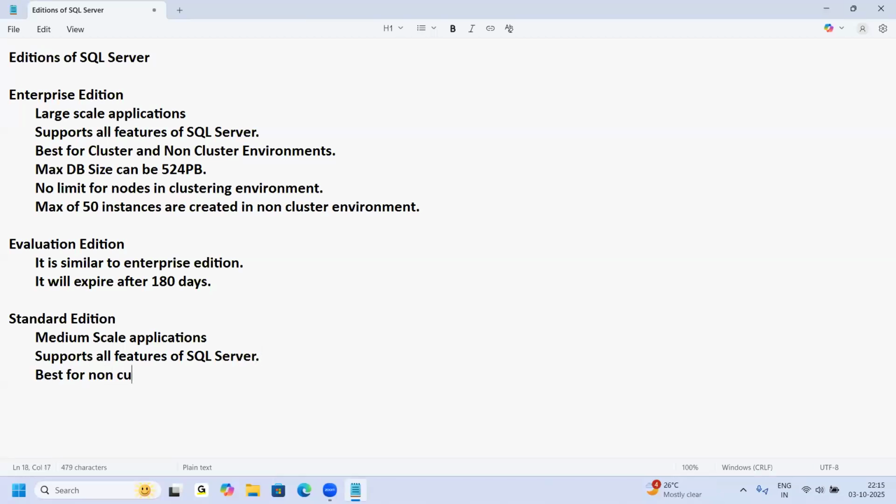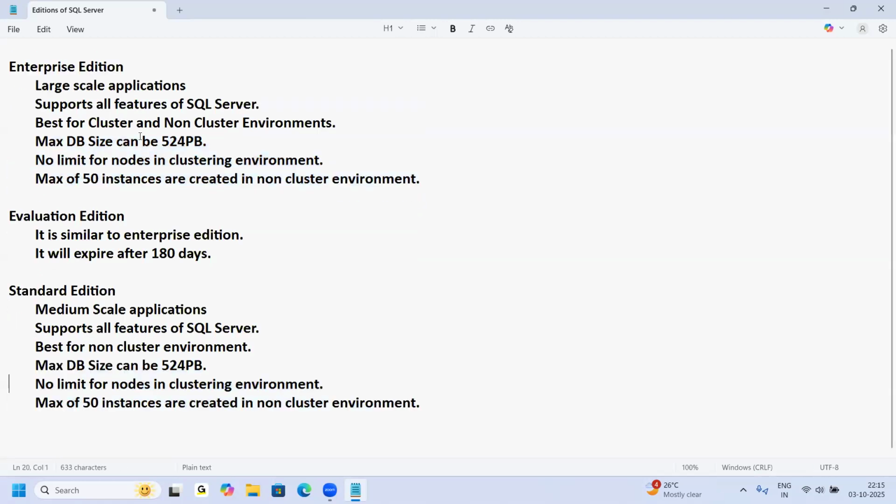Best for non-cluster, not suitable for clustering. Database size remains the same, no doubt in it. Instances, the same. Only one difference here: in Enterprise there is no limit for nodes, right? Here, because it is Standard Edition, you have support for 2 nodes in a clustering environment.